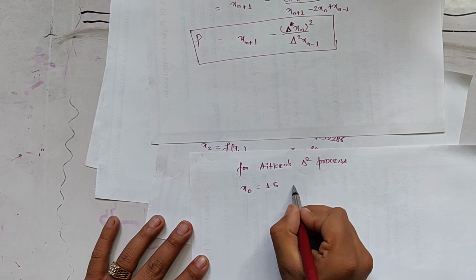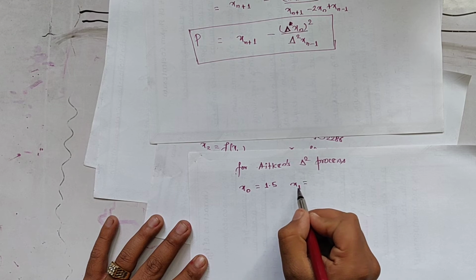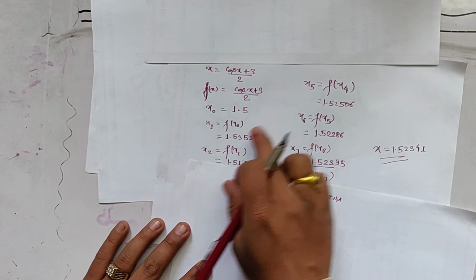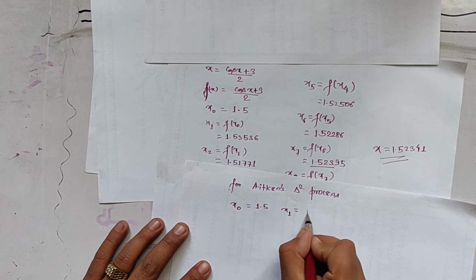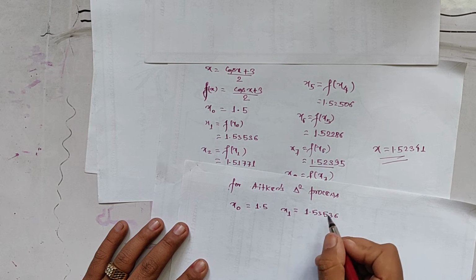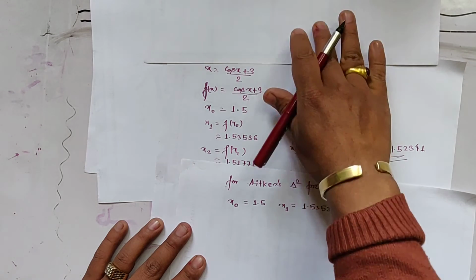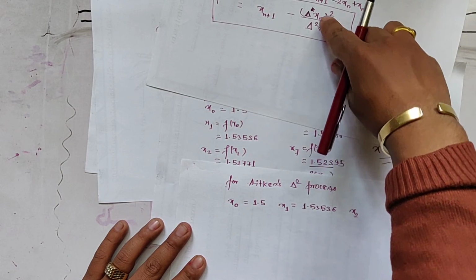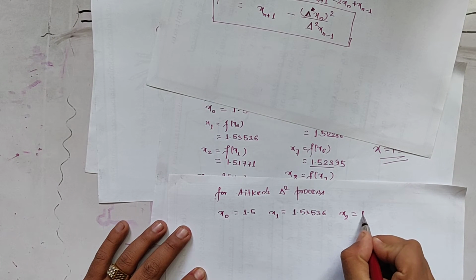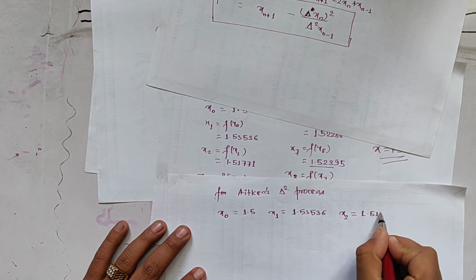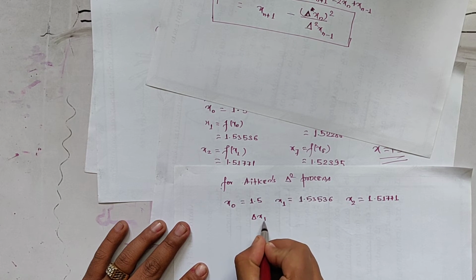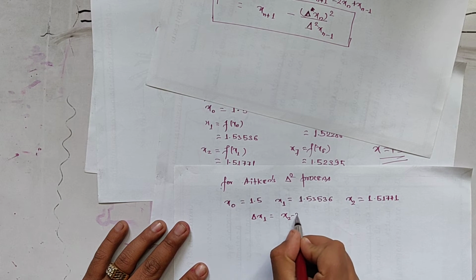And x1 is 1.53536. And x2 is 1.51771. So delta x1 is equal to x2 minus x1.